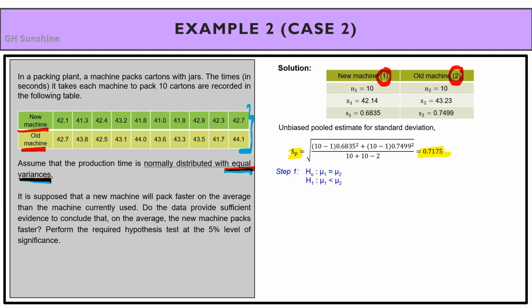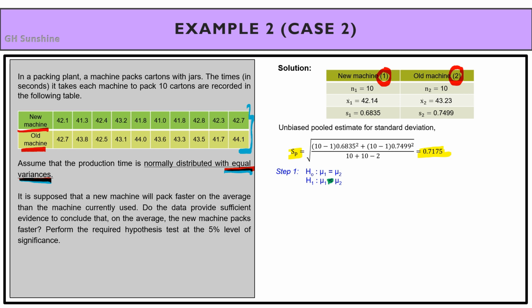Step number 1, set up the H0 and H1. So H0 as usual, mu1 equal to mu2 or mu1 minus mu2 equal to 0. H1, mu1 less than mu2. So here the symbol is less than.